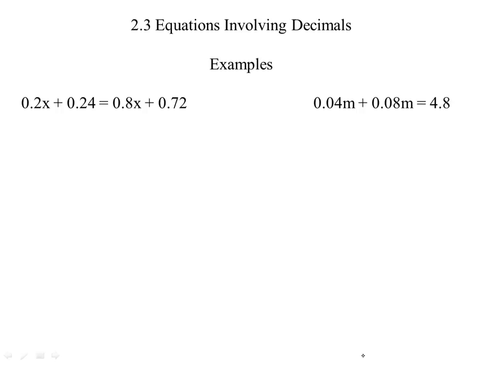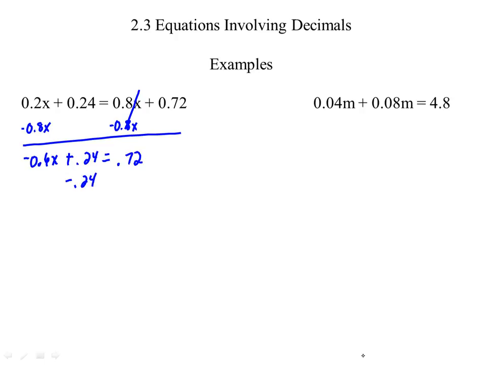So, for example, I know I need to get the x's on one side and the non-x's on the other side, so I'm going to subtract 0.8x from both sides. And if you went the other way, that's fine. So here we're going to get what? All right, and then we'll get the 0.24 over here.